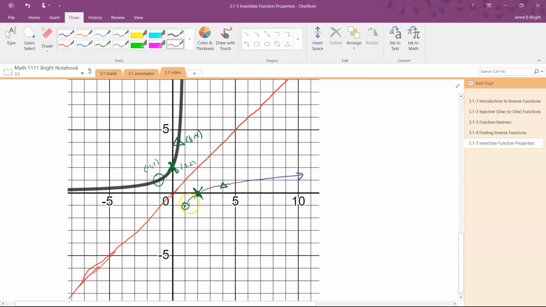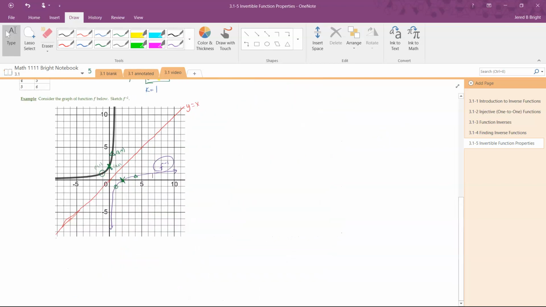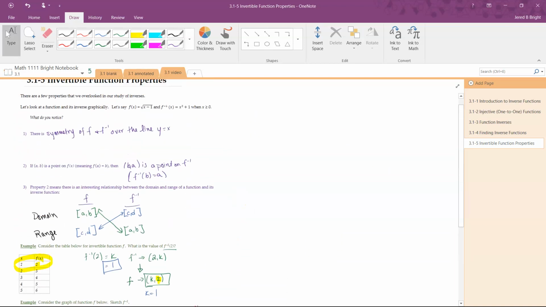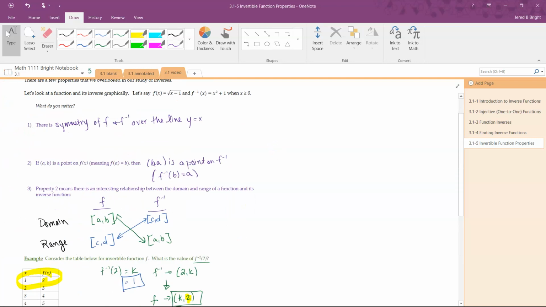I'm going to call this f inverse. But to sketch f inverse, I'd recommend finding points, finding their coordinate representation, and then for the inverse function, switch the coordinates. And that's the three big ideas related to inverse functions: symmetry, the points change, and the domain and range change as a result.